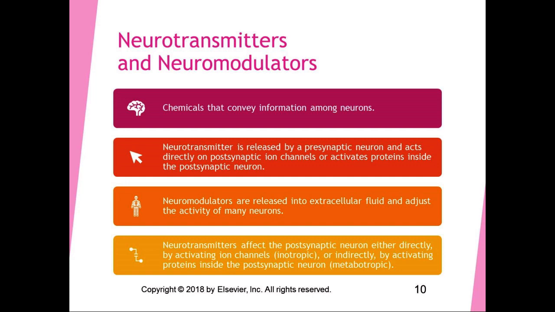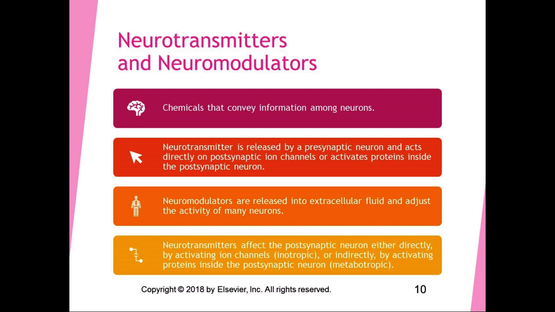Neurotransmitters are used in that one-to-one communication. Neuromodulators are released, rather than at a synaptic cleft, into extracellular fluid, and they adjust the activities of many neurons. That's the difference between a neurotransmitter and a neuromodulator. Sometimes the same chemicals can act as neurotransmitters or neuromodulators. It just depends on how they're released.